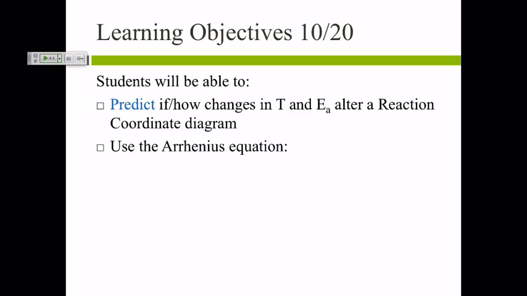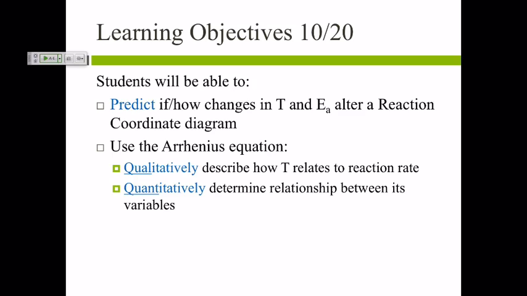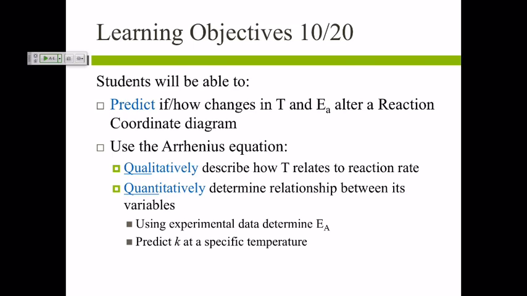And in order to help us do that, we're going to be talking about the Arrhenius equation, and we're going to be using that to qualitatively, that means without numbers, describe how temperature affects the rate of reaction, and quantitatively, which means we're going to be doing calculations, determine the relationship between the variables of changing activation energy and using all of that to describe how our rate constant can change with activation energy changes and temperature changes.